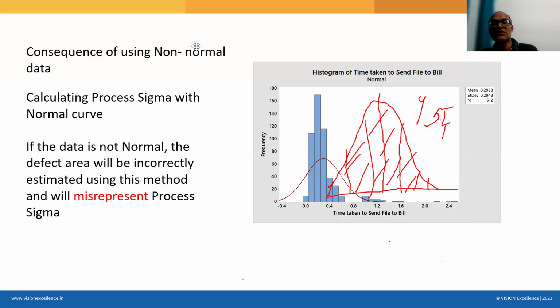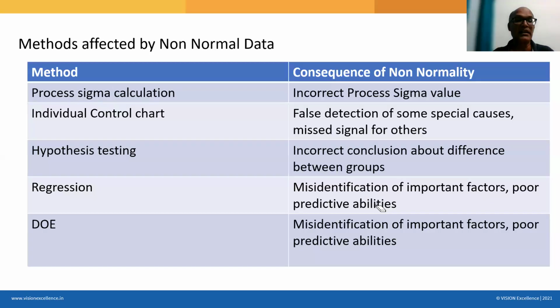Since the data is not normal, your right side is different from the left side. So your interpretation of 68.27, 95.4, 99.73 or 99.9997, all those things will go wrong if you have non-normal data, right?